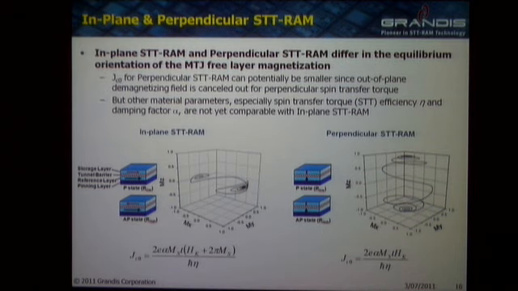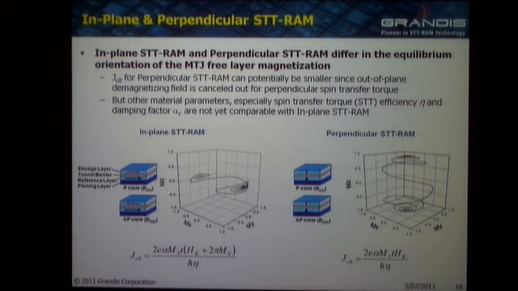Finally, the other thing to point out is there are two types of MTJs you could put in an STT-RAM chip. One is this in-plane MTJ, where the magnetization is in the plane, and then here on the right is the perpendicular MTJ, which is the alternative way of doing it. Really, in the end, everything's going to go perpendicular. The question is when.